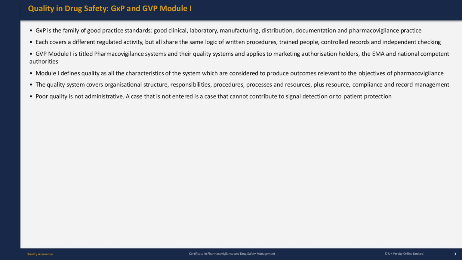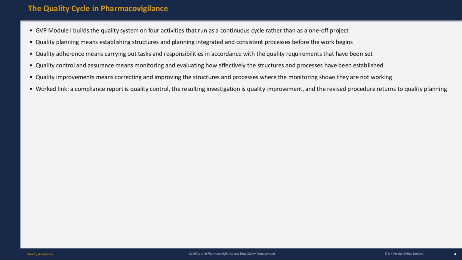Module 1 defines quality as all the characteristics of the system which are considered to produce outcomes relevant to the objectives of pharmacovigilance. The quality cycle in pharmacovigilance. GVP Module 1 builds the quality system on 4 activities that run as a continuous cycle rather than as a one-off project.